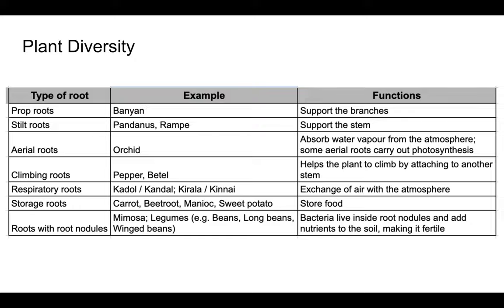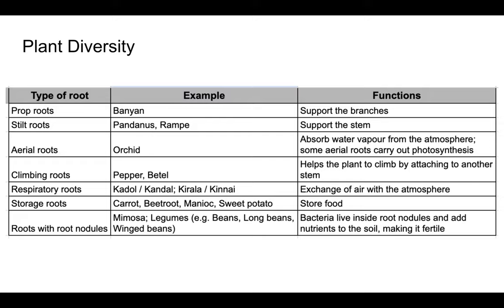Respiratory roots. Respiratory roots grow in water, so the water does not have enough oxygen to absorb. So some roots come out of the water and absorb air, exchanging air with the atmosphere. What is the example? Mangrove. Storage roots. There are a lot of examples. Imagine a carrot plant.